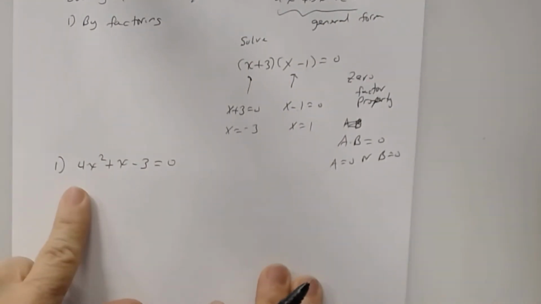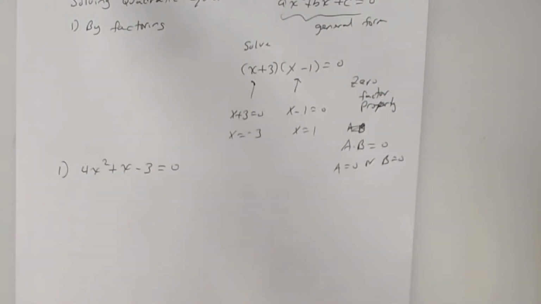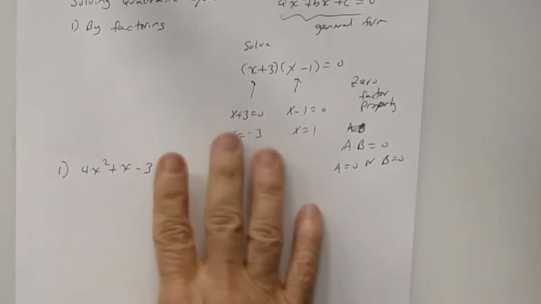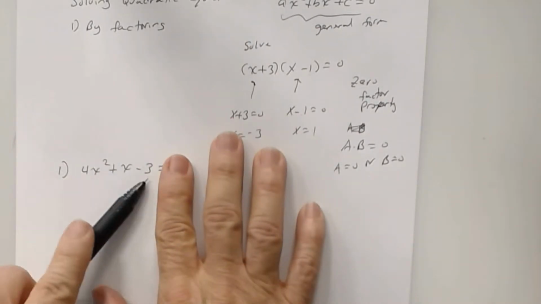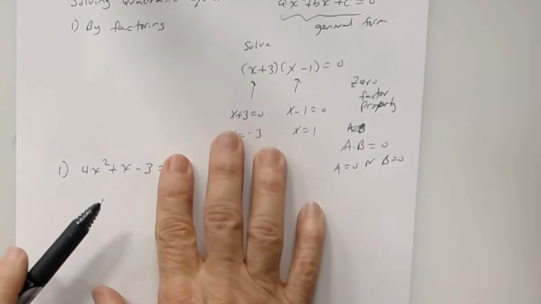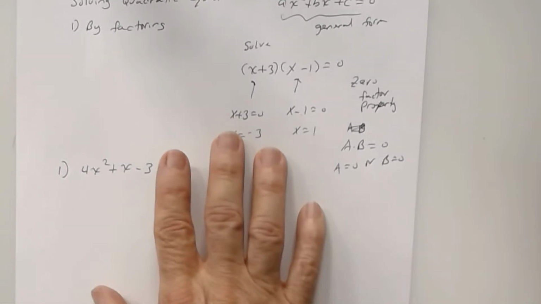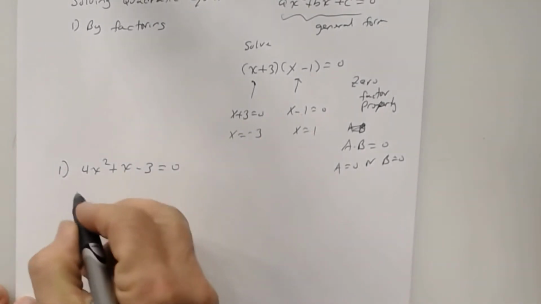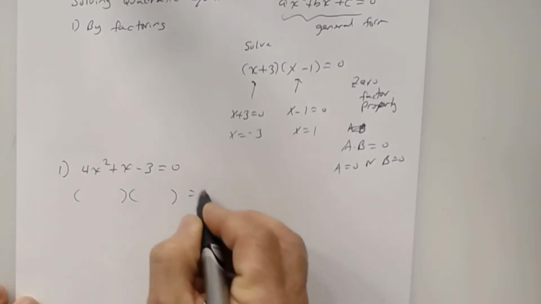So is this in general form? Yes. Okay. Now we're going to factor. When factoring, remember, you look for the GCF first. What is the GCF of those three terms? 1. Good. So since it's just 1, I'm just going to go ahead and factor as 2 binomials. It's factorable.